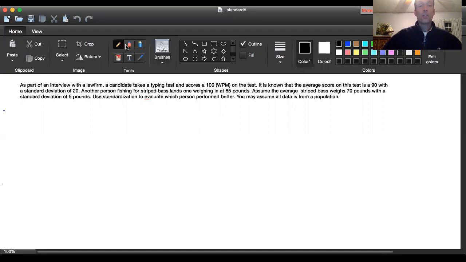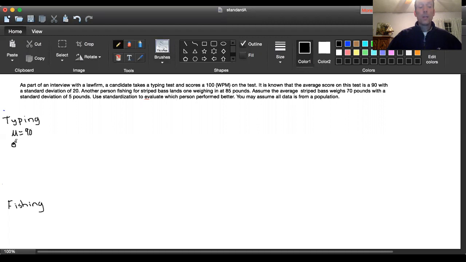So to start out, let's just list what we know about each population on the side here. We're going to say typing, just like so, and then down here we'll put in fishing. And from the typing population, we know that the average is a 90, so we'll say average equals 90.